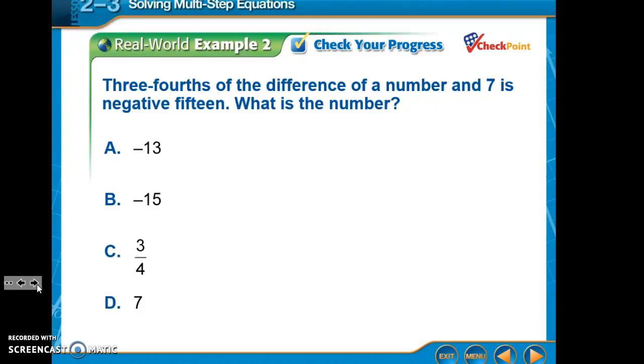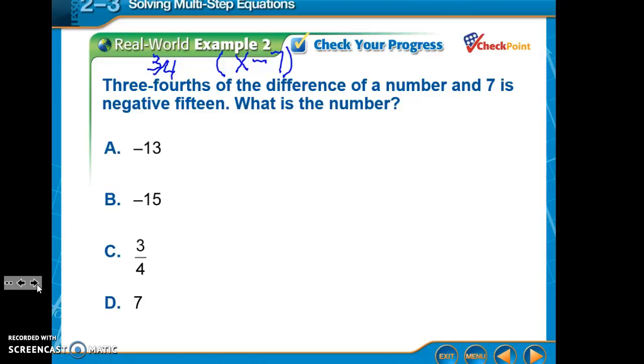All right, so what do we know about this? 3/4. How are we going to write that? 3/4 of what? So the difference between a number and 7. So how do you write that? Is, what's that mean?